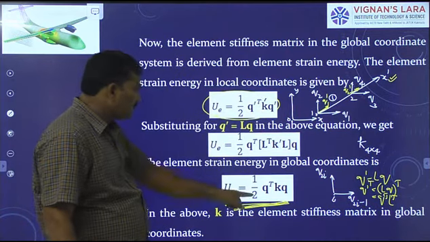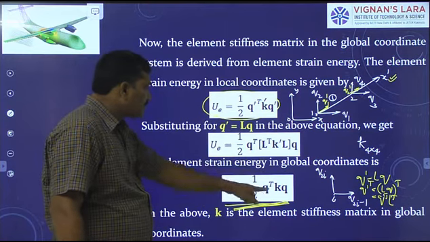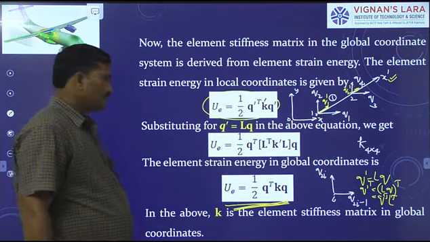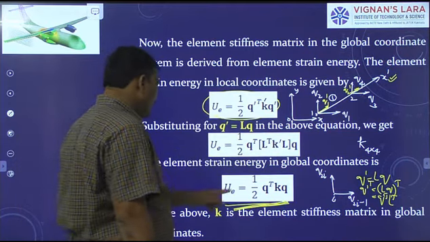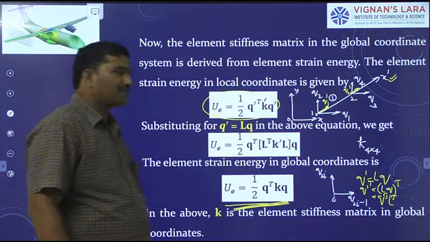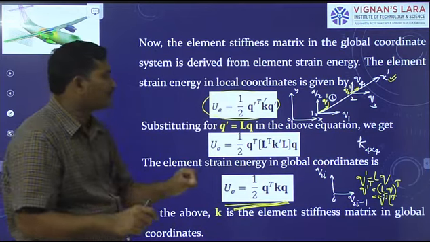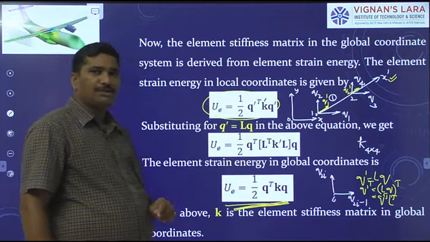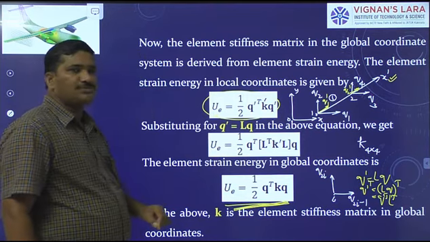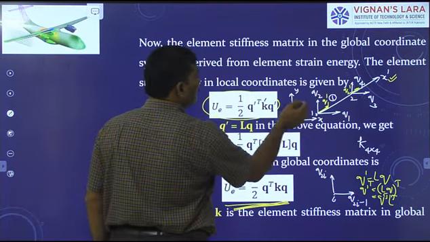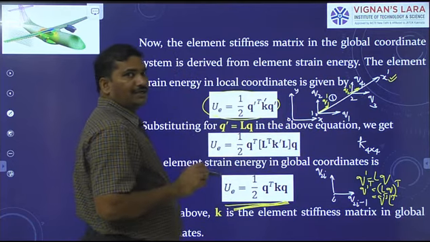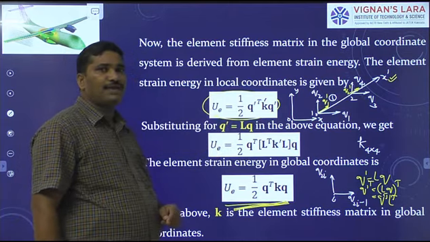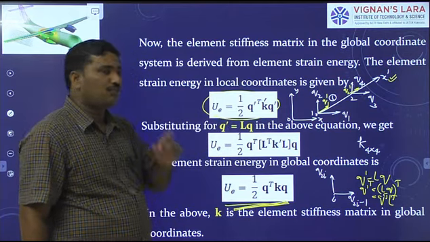Now if you compare these two, K equals L transpose into K dash into L, where K is the element stiffness matrix in global coordinates X and Y. Therefore, you get the element stiffness matrix K with respect to the global reference frame in size 4 by 4.